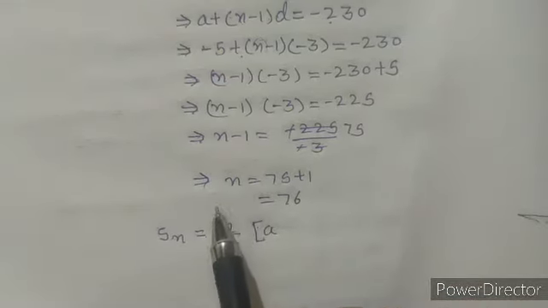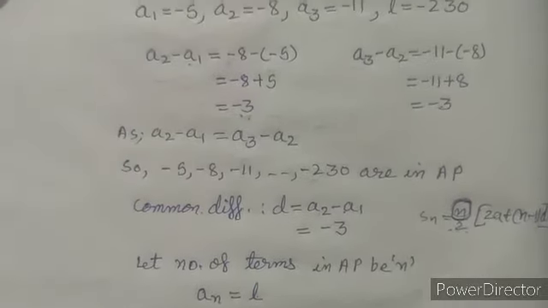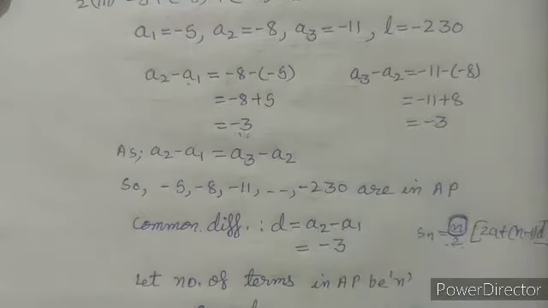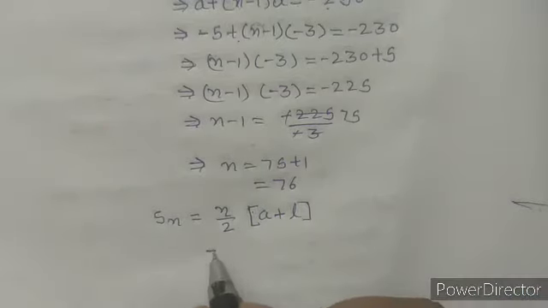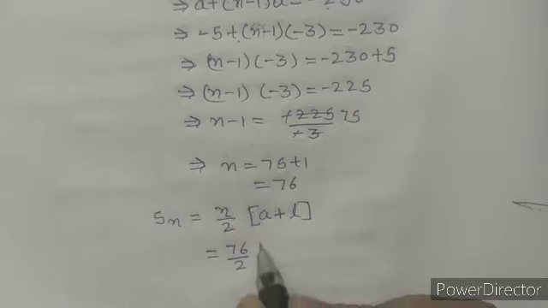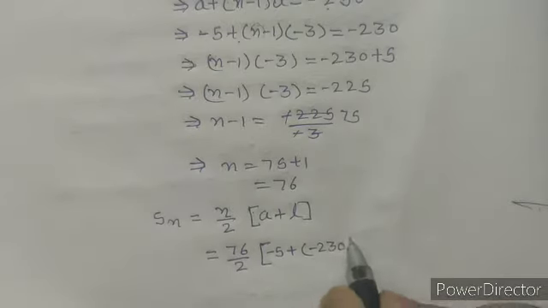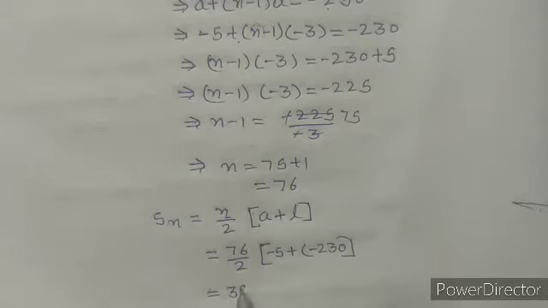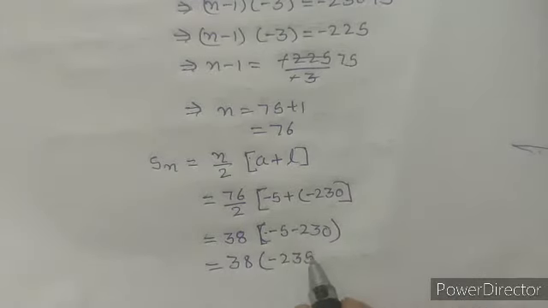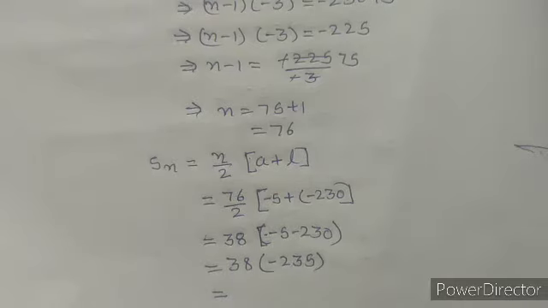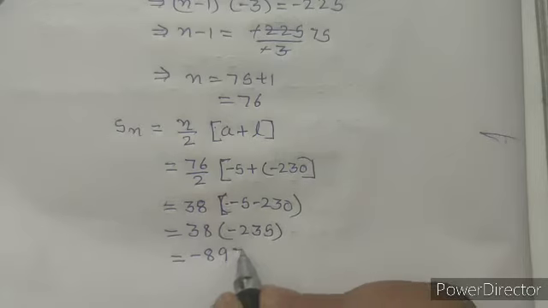Now here, as the last term of the AP is given to us, that is minus 230, we can apply the formula of Sn as n upon 2 (a plus L), and the value of n was 76, a was minus 5 and L was minus 230, and this will give us 38 into (minus 5 minus 230), and our sum will be equal to minus 8930.